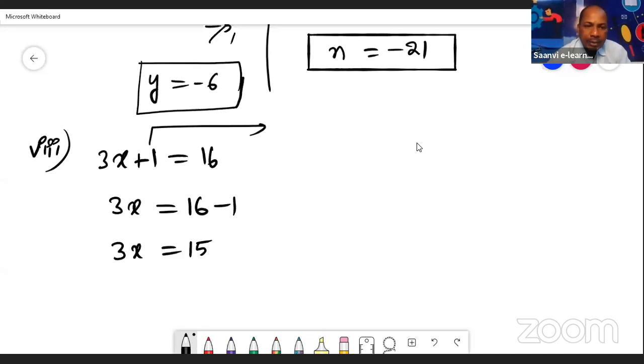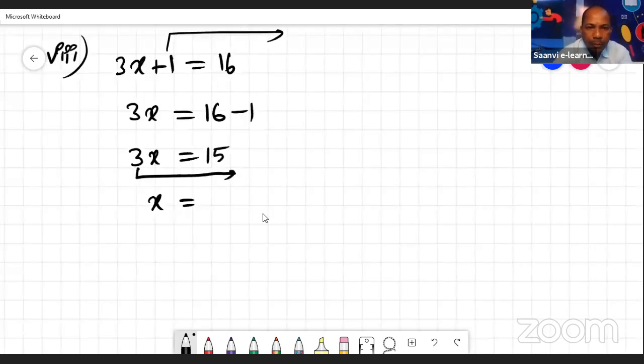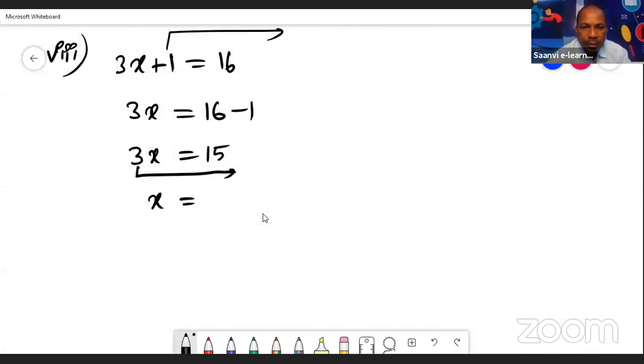Again 3 extra is there. This 3 also send this side. When this 3 is sent this side, here 3x means 3 into x. It means 3 is multiplying here. So when we send this side, it will divide. So x is equal to 15 by 3.